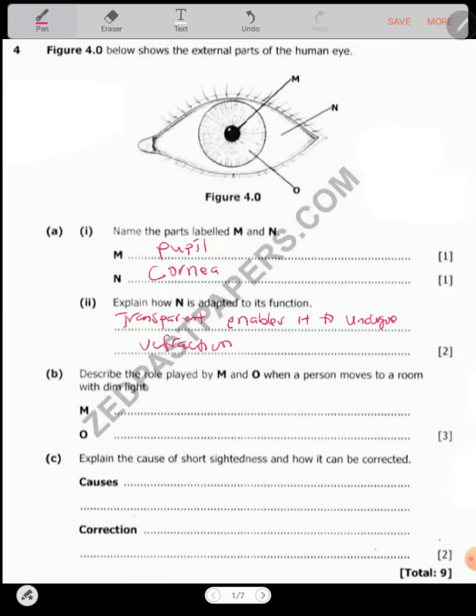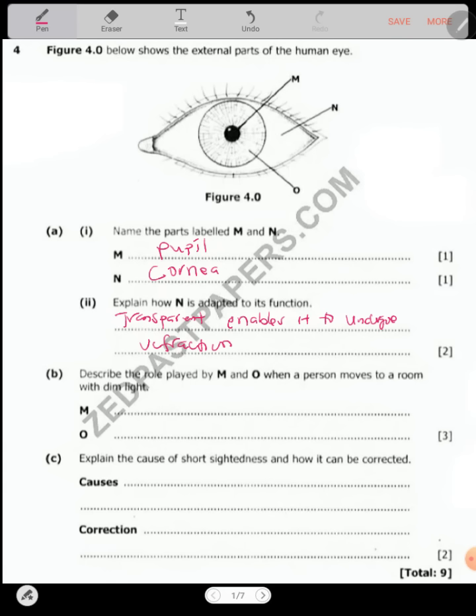Now, what happens when you are in a room which has got low light? The pupil becomes big. Remember, you are trying to see, so the pupil becomes bigger, or we can say it becomes dilated, or wider, to allow much light to enter.